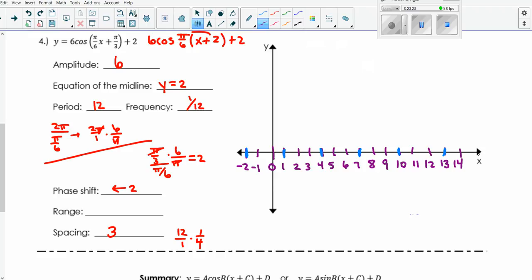I'm going to fill in all the way to the end. So if I extend this line right here, I'm going to add a tick mark, tick mark, tick mark. Okay, so that makes this 15, 16, 17, 18.